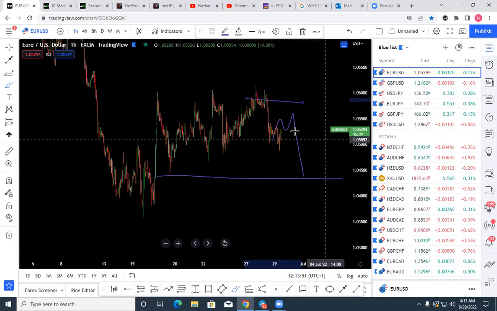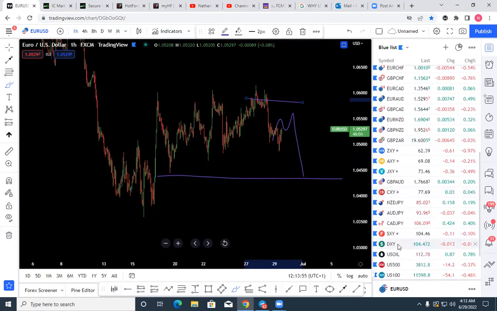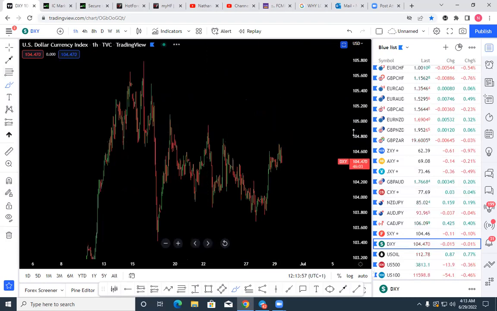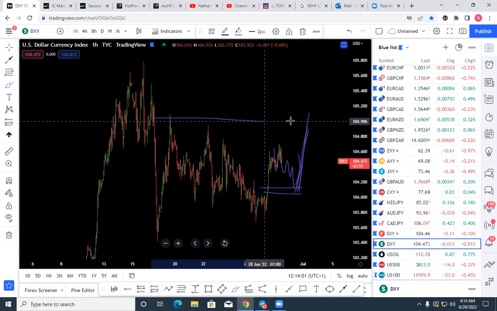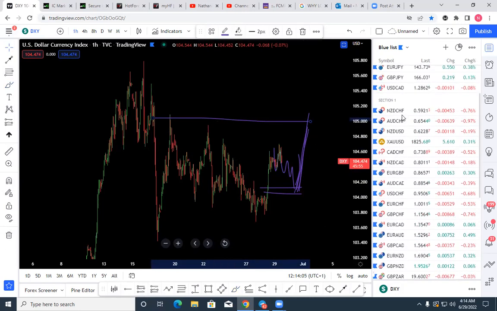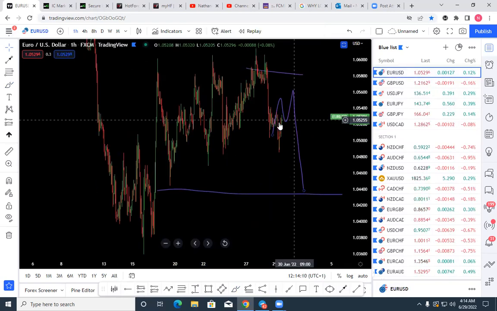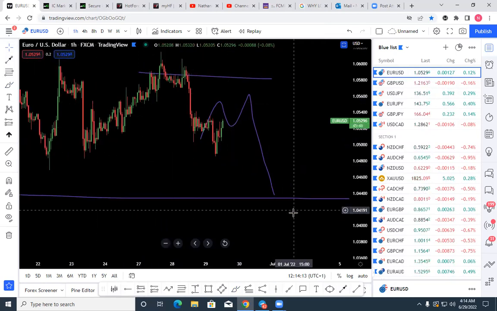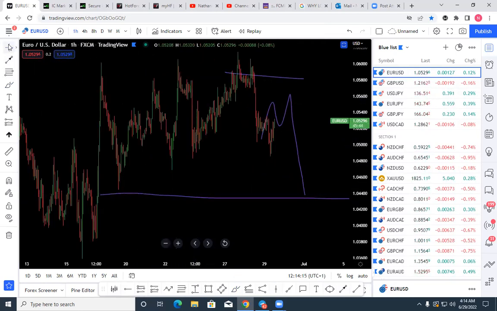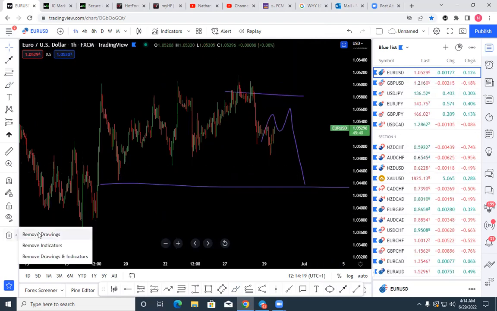All right. But right now, if DXY makes a corrective structure to push up and break this top, okay, then you also expect that Euro Dollar is going to make a corrective structure up and push down, because Euro Dollar does the exact opposite of DXY.